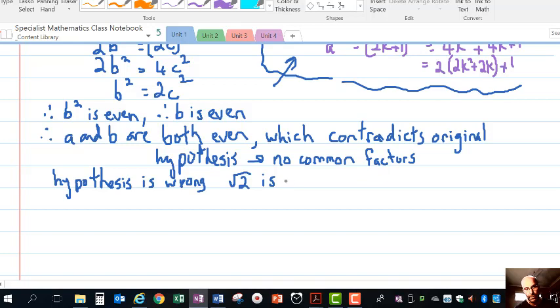Hypothesis is wrong. Root 2 is not rational. It can't be expressed as a rational number. Therefore, root 2 is irrational.